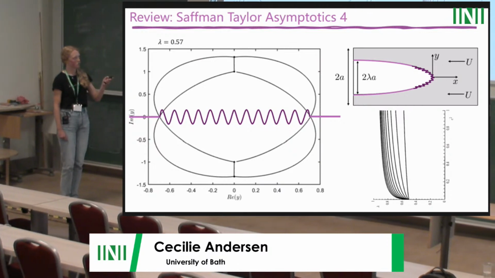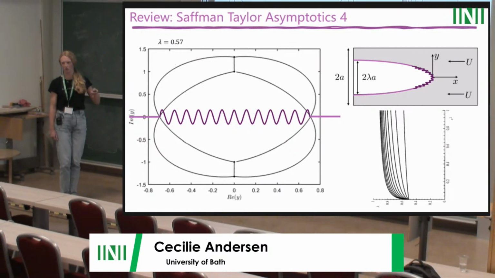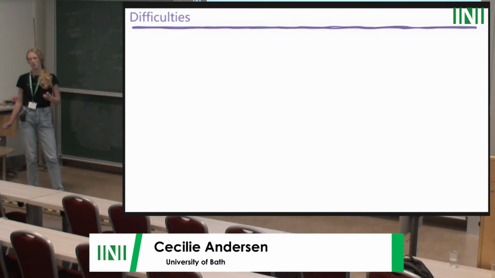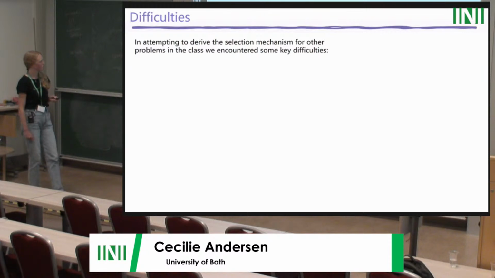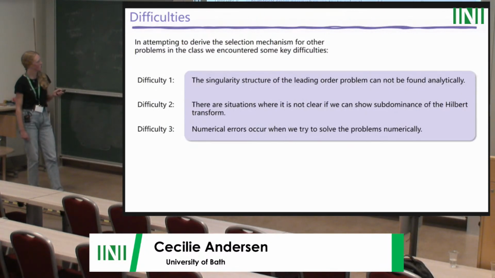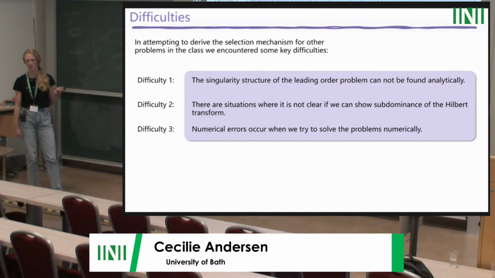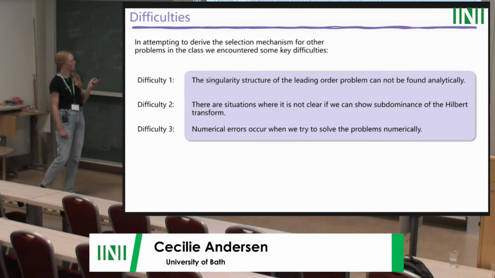Okay, so now we just want to do all of this, but for the other problems. But we run into a couple of difficulties, and I'd like to use the rest of this talk to highlight three of the difficulties that we run into. So the first difficulty is that sometimes we can't solve the leading order problem analytically as we could for the Saffman-Taylor. And this means we're going to have to find this singularity structure in some other way.